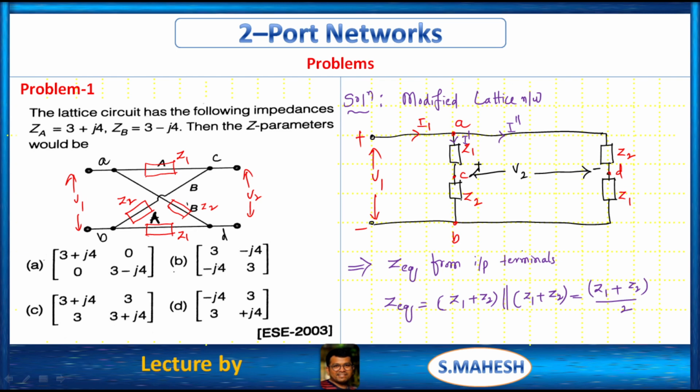So Z equivalent, which equals Z11, which equals V1 by I1, is (Z1 plus Z2) by 2. Since V1 equals Z equivalent into I1, because by looking between these two terminals only we are calculating Z equivalent.